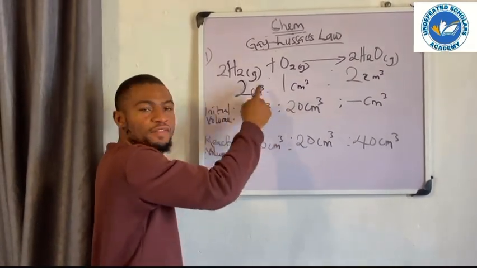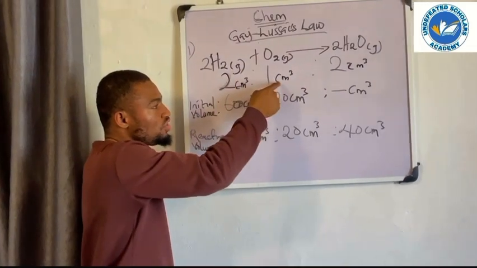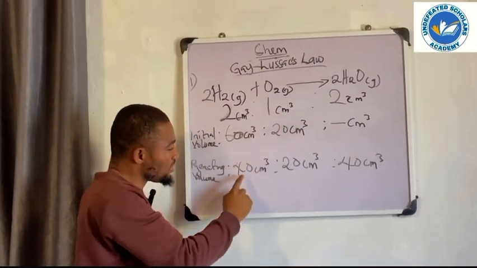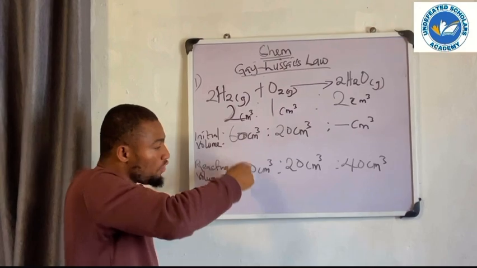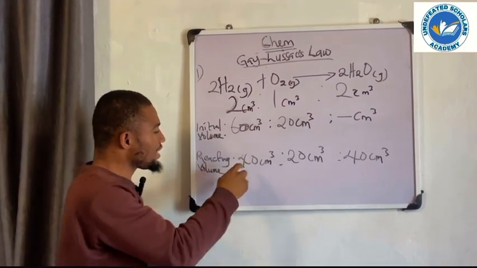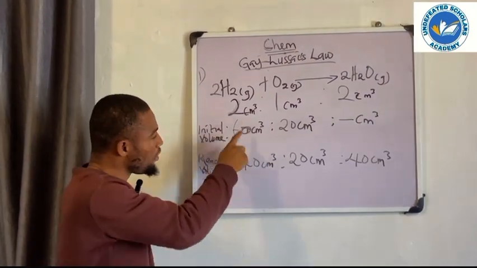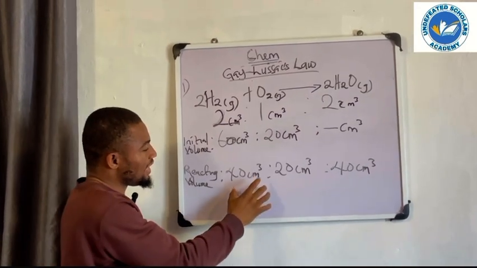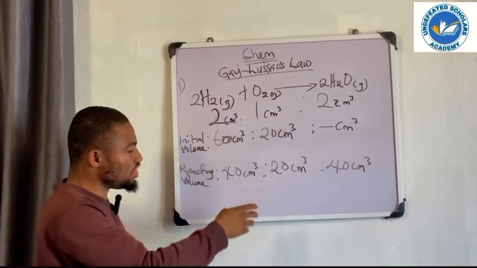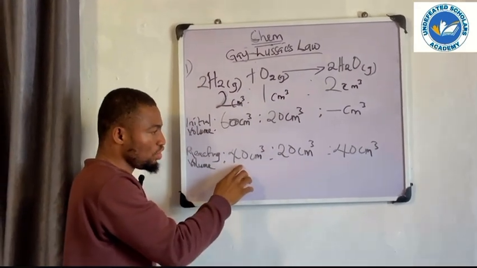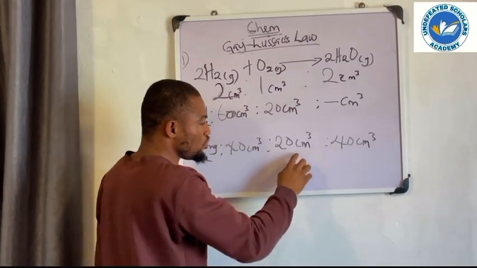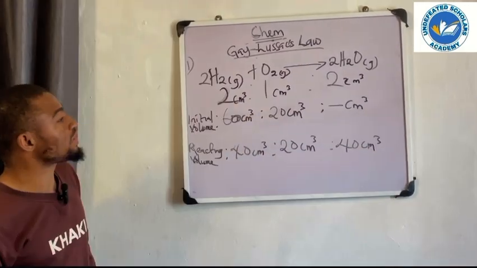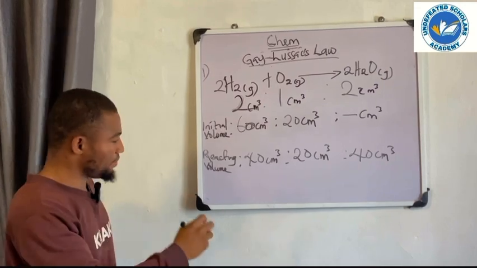So double of oxygen is what? Remember I told you it's always going to be half of hydrogen or double of oxygen. Double of oxygen is 40, and 60 is even more than it. So the reacting volume of hydrogen that reacted completely with 20 cm³ of oxygen is 40 cm³, to produce 40 cm³ of water, that's steam.